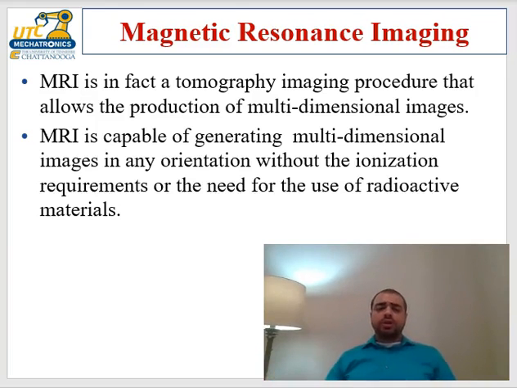MRI is a tomography imaging procedure that allows for the production of multi-dimensional images. It is capable of generating multi-dimensional images in any orientation without the ionization requirements or the need for the use of radioactive materials. So unlike X-rays and gamma rays, it's safer, let's say. But still, it's a very expensive method.